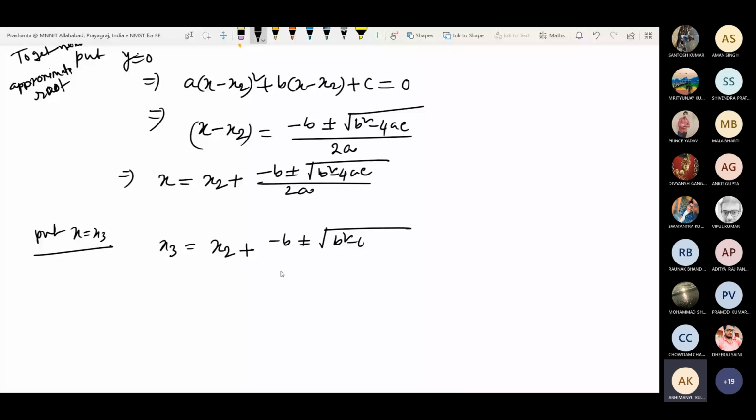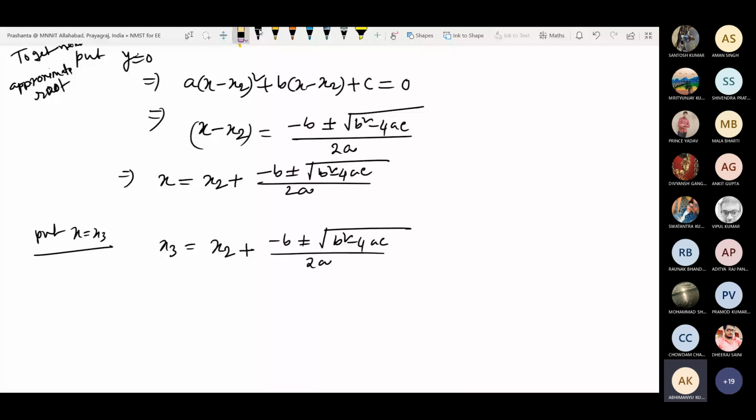Now we do a little bit of calculation here. About computation, you want to make the denominator as large as possible in this last term on the right hand side. So for that we do this calculation.